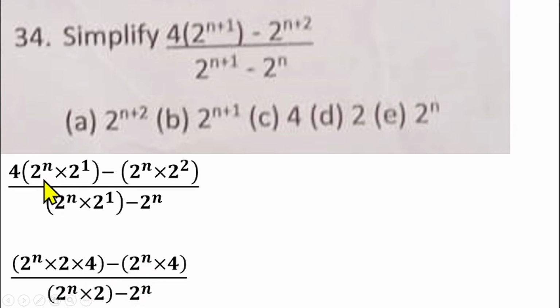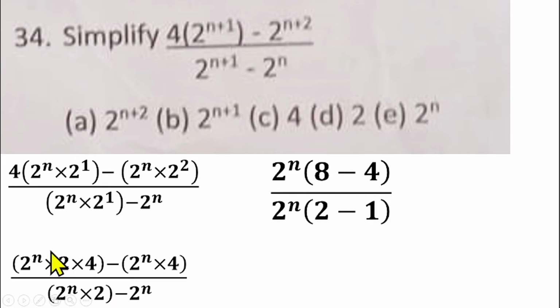of course, what we did first was that the 2 raised to power 1 is 2. Then this 4, open the bracket, we are having 2 raised to power n times 2 times 4 minus this, then over this. 2 raised to power 1 same thing as 2. Like I said, 2 raised to power n is common, so you can factorize 2 raised to power n out.